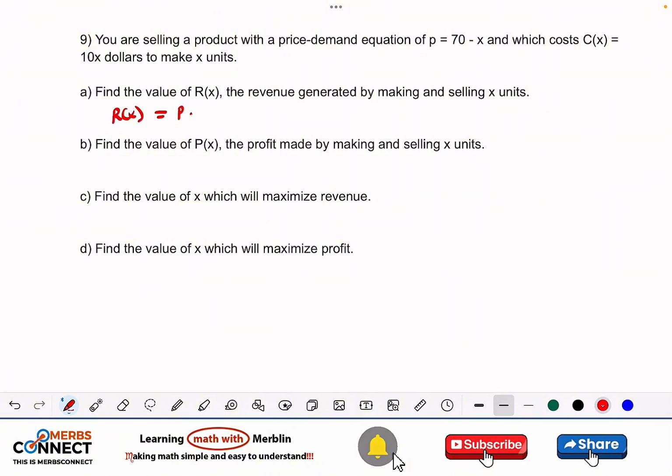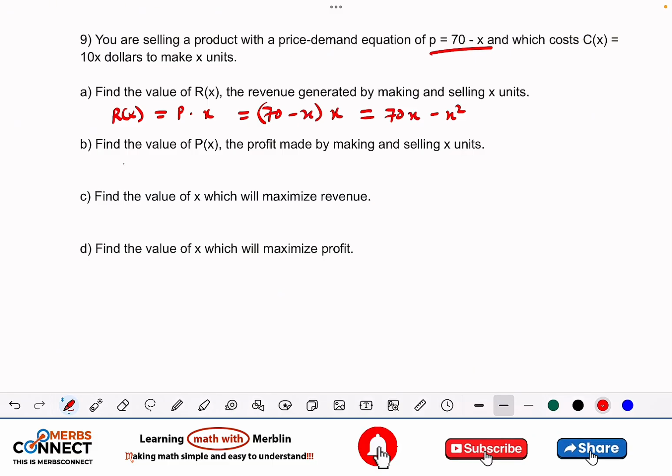But we need to use the quantity to be X. Whenever we are dealing with X and we don't have a Q formula, we use the quantity to be X. The price is given here, so we are going to have 70 minus X times X. This is going to give us 70X minus X squared. That will be the revenue.